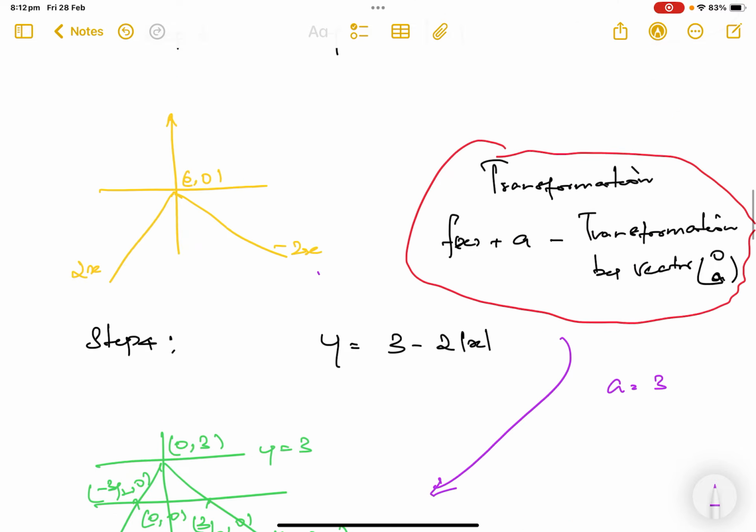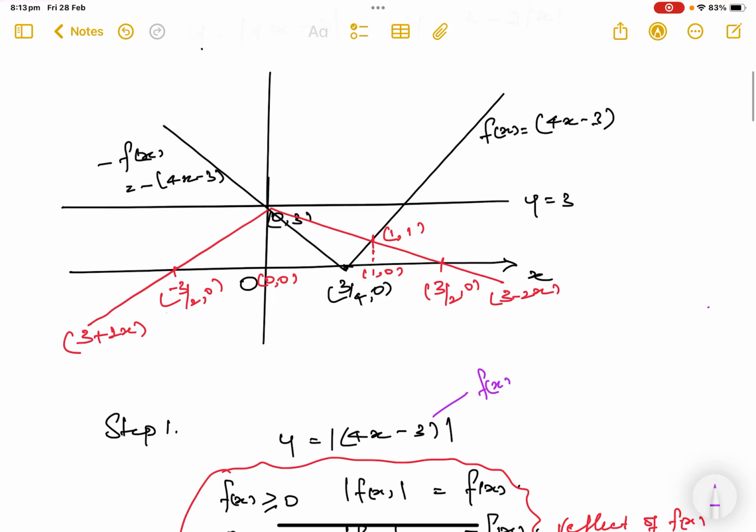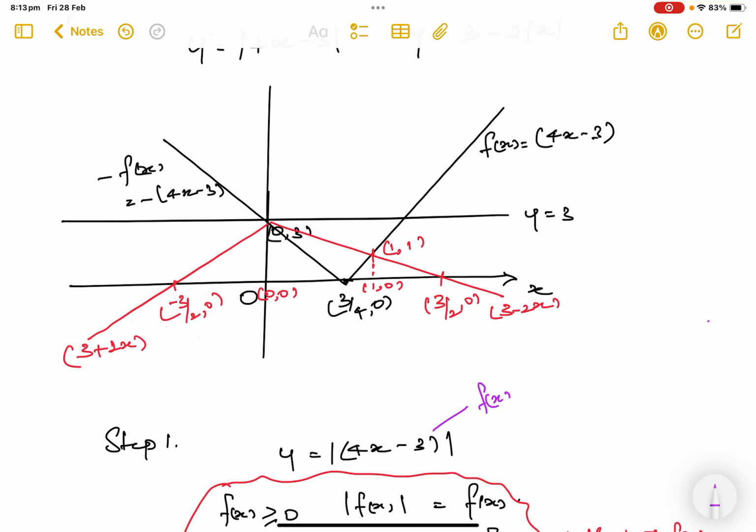Now I'm going to go back to the full sketch. The question is to draw both modulus functions on the same graph. We have done it, and we went through step by step how we achieved this.